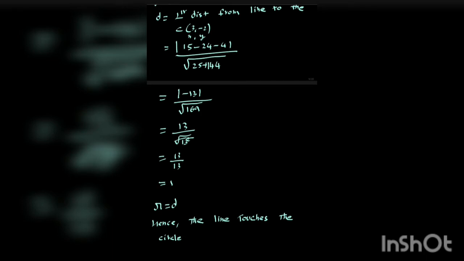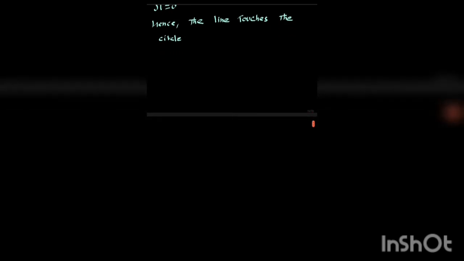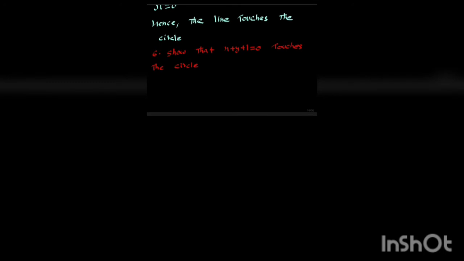Moving on to the next question. Sixth one. Show that x plus y plus 1 equal to 0 touches the circle x square plus y square minus 3x plus 7y plus 14 is equal to 0, and find its point of contact.